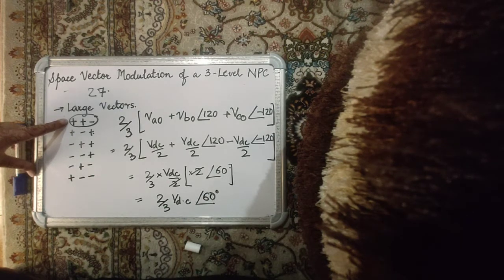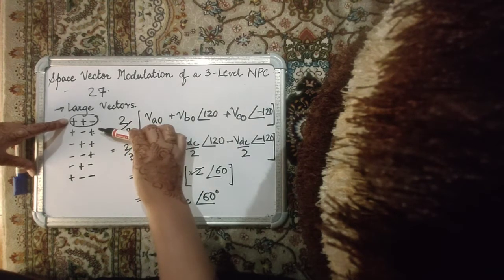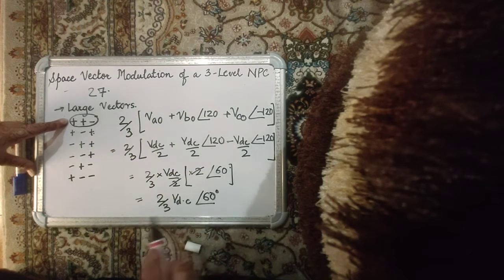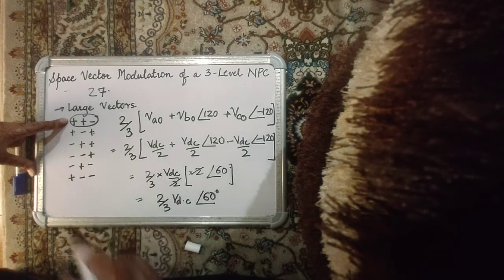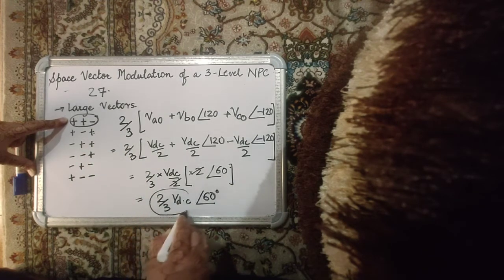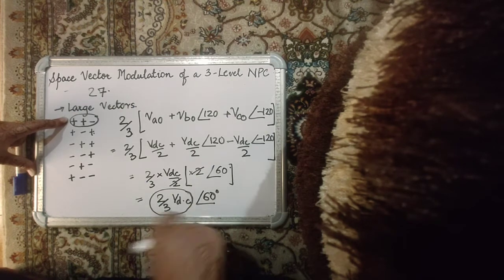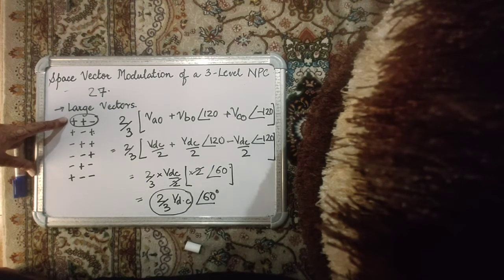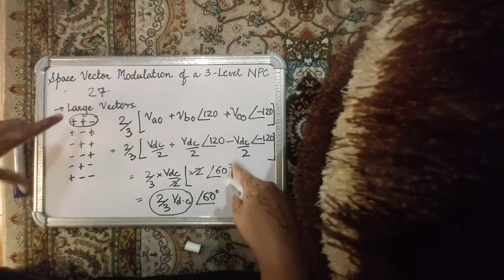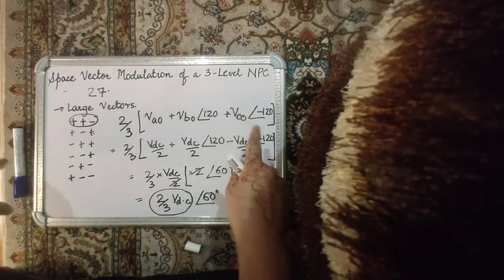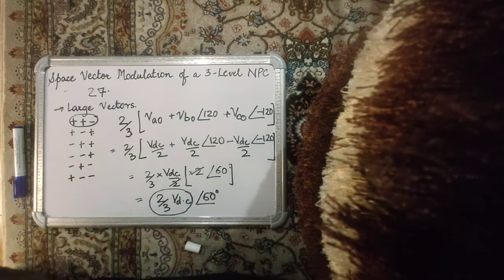So for the large vector, the magnitude is 2 by 3 VDC and the angle is 60 degrees for this particular vector. Similarly, if you go on calculating the space phasor for all switching states, for all large vectors the magnitude will remain equal to 2 by 3 VDC. However, the angle will keep changing by a factor of 60 degrees. So you will occupy 6 positions on the hexagon through these large vectors.